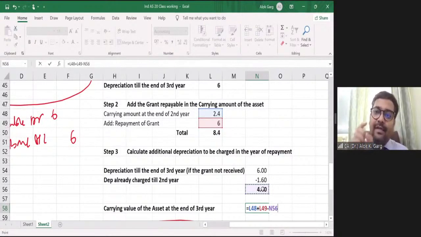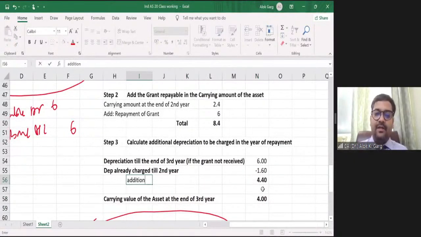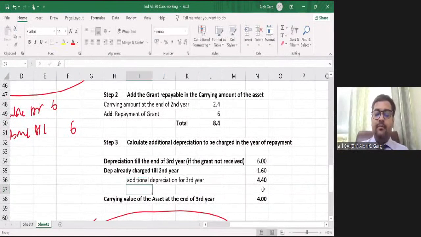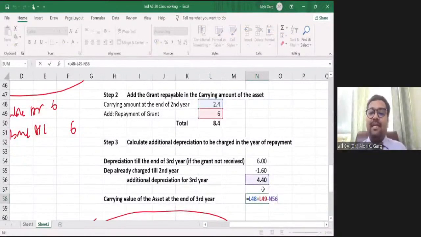And this is the third year additional depreciation. It is a catch-up impact. This has to be reduced. So this is 2.4 plus 6 minus 4.4.